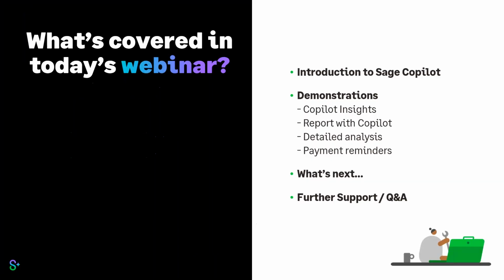Right, for Copilot, this is what I'm going to be covering today. So we're going to cover the basics, the key features that you'll have access to once you start using it. So a bit of an introduction to Sage Copilot itself. We'll run through some demonstrations, again, picking out those key features, the insights, report with Copilot, the detailed analysis, and also payment reminders as well, which is the latest enhancement to Sage Copilot.